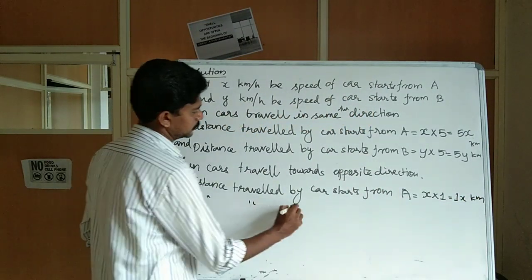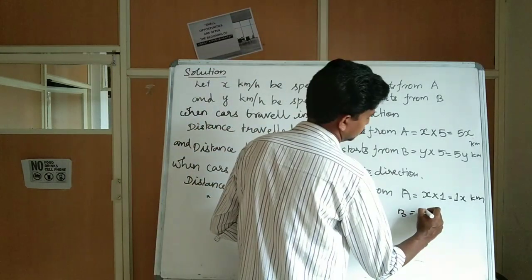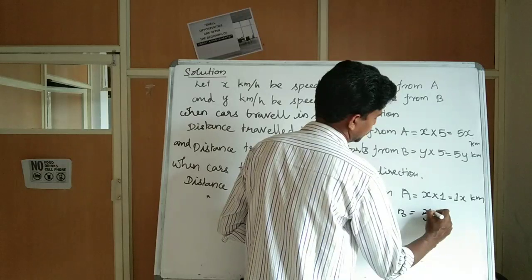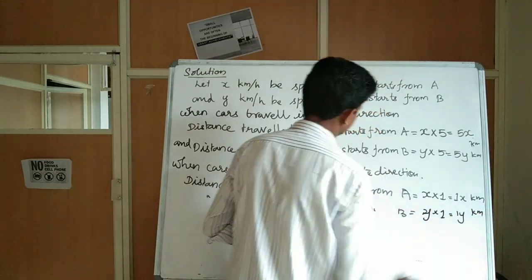In the same way, the distance traveled by the car that starts from B is y into 1, that is equal to 1y kilometer.